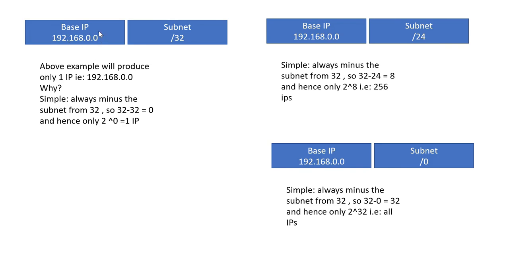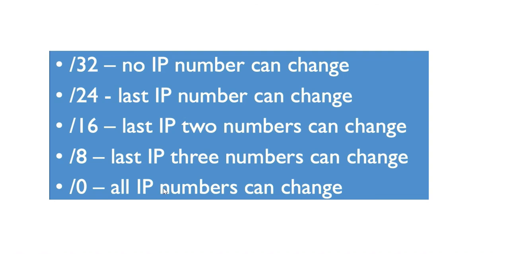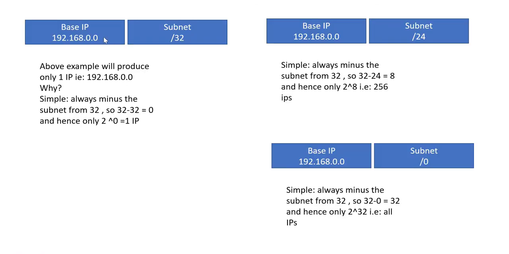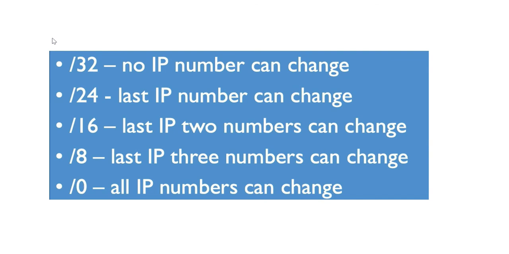And if it is /0, then all IP numbers can change, all four of them. Everything can change if it is /0. This is a quick cheat sheet. Memorize this for the exam. This is important.